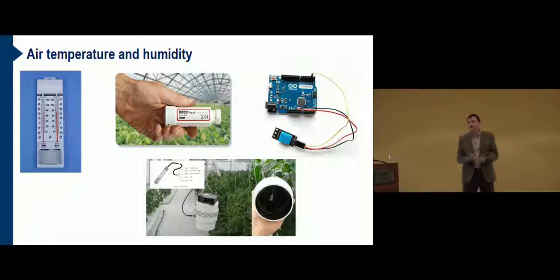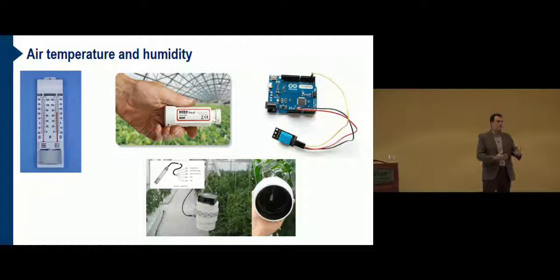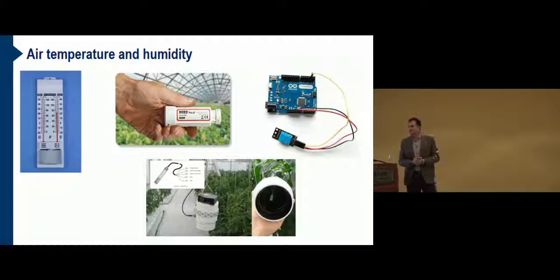For a grower, actually, every 15-minute data is a good resolution to look at these environmental variables. If you have a lot of data, it brings the need for more data mining and more data analyses, and it requires more space and more memory, and it may add up to the cost as well.